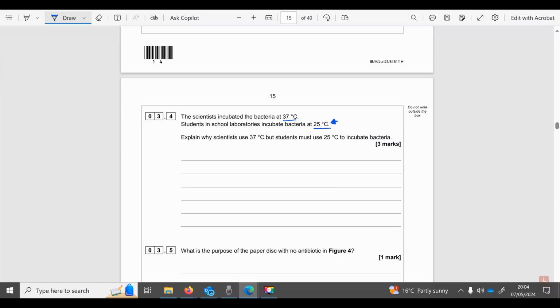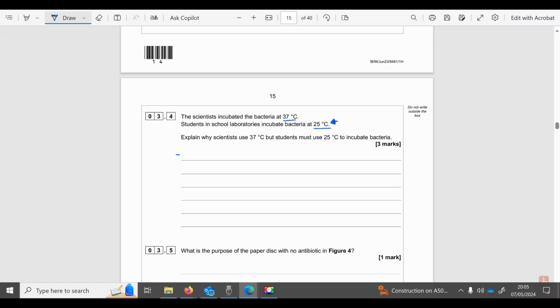So, why? What do we want to prevent? Every time that we're doing a culturing microorganism experiment, we're trying to avoid contamination and prevent the spread of harmful pathogens.